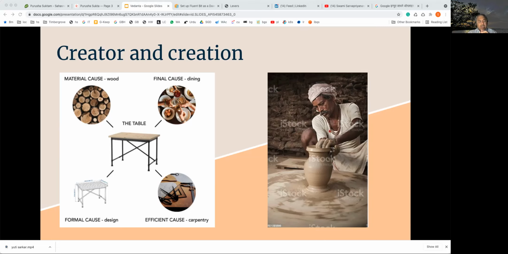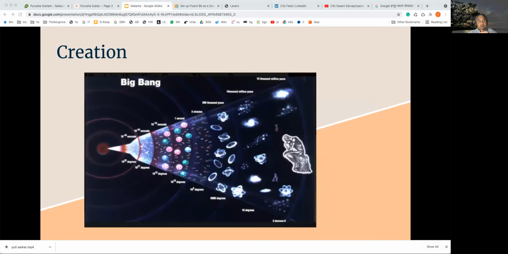So with that in mind, if you were to look at how creation has taken place, there are several theories, but let's go with one of them, which is the Big Bang theory, which is the most accepted and more popular one.